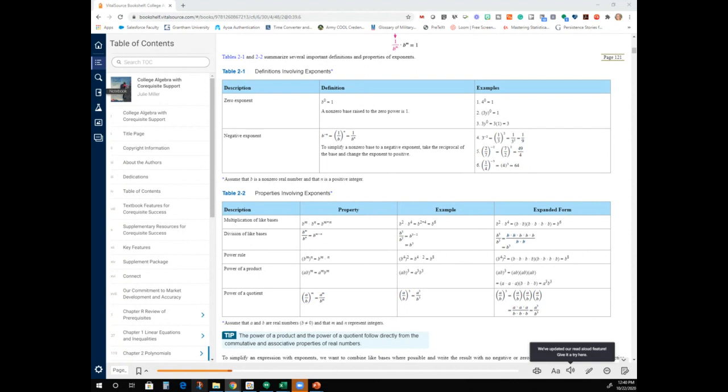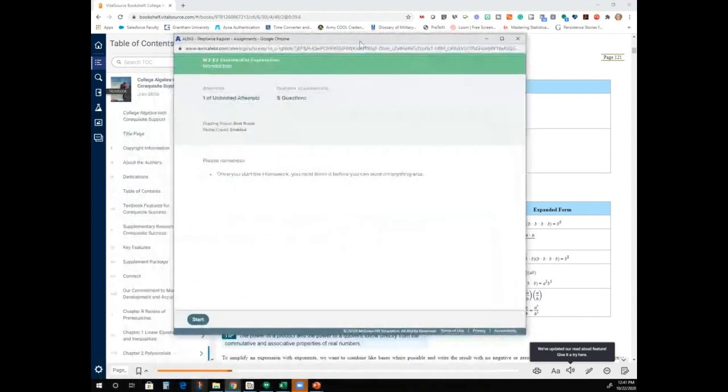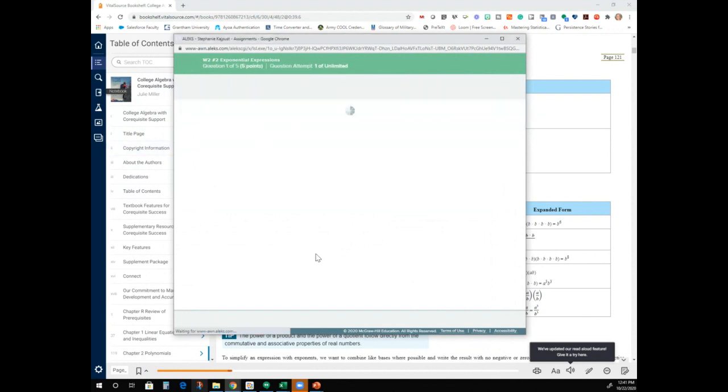It's just taking a while. Okay, I opened up the exponential expression one just to show you.